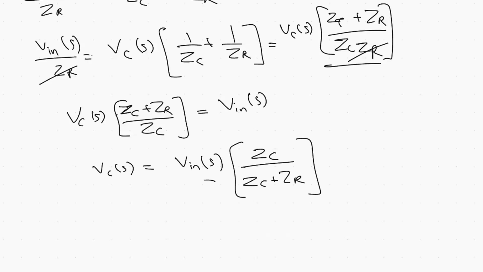And now VC of S is equal to, and I'm just substituting the values for ZC into my equation.